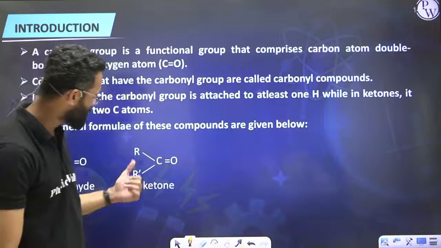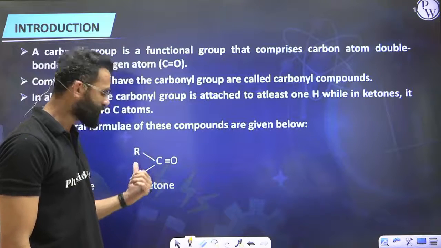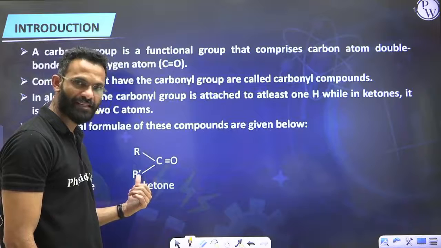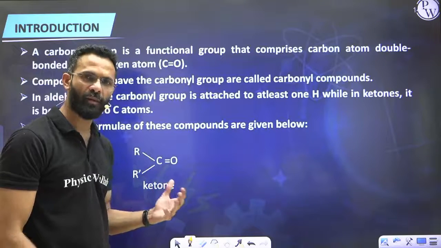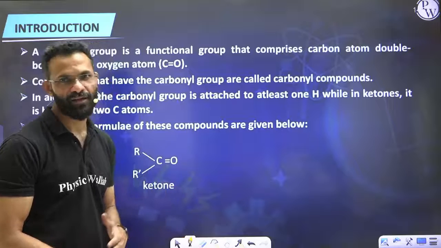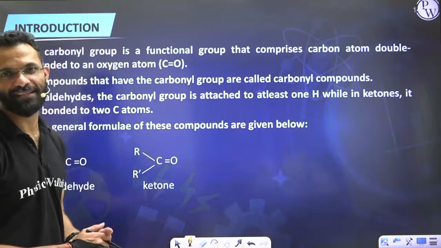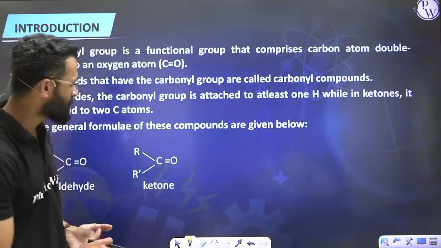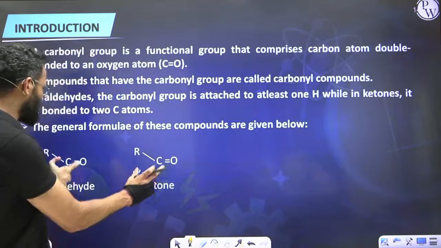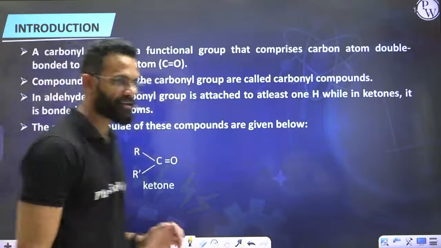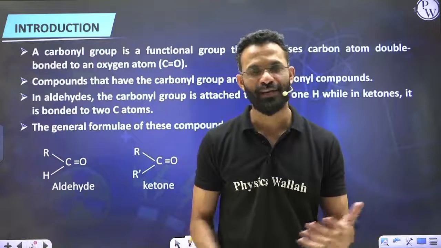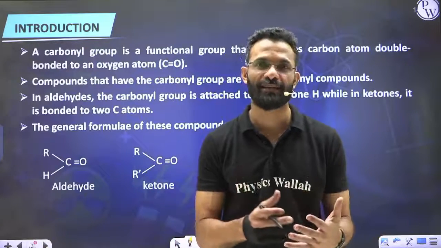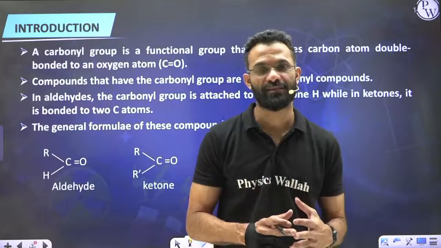On the other hand, when both the valencies of the carbonyl carbon atom are satisfied by either alkyl or aryl group, or maybe one alkyl and one aryl group, you will still call such a compound a ketone. Because both of these compounds contain this carbonyl carbon atom, they are collectively also known as carbonyl compounds. So guys, this is how we define aldehydes and ketones on the basis of their structures.